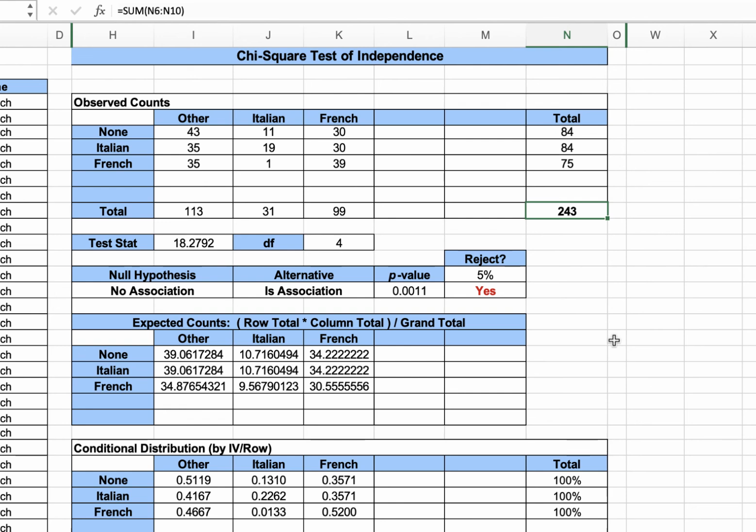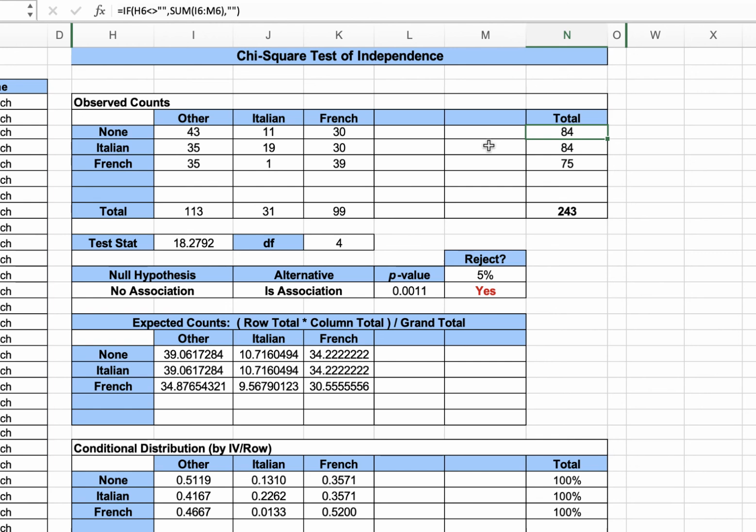But really, what we're looking at here are 3 groups, or really, we could think of this as 3 samples. We have one sample when no music is playing. So 84 purchases were made when the music was off. And when the music is off, 43 of those 84, right?